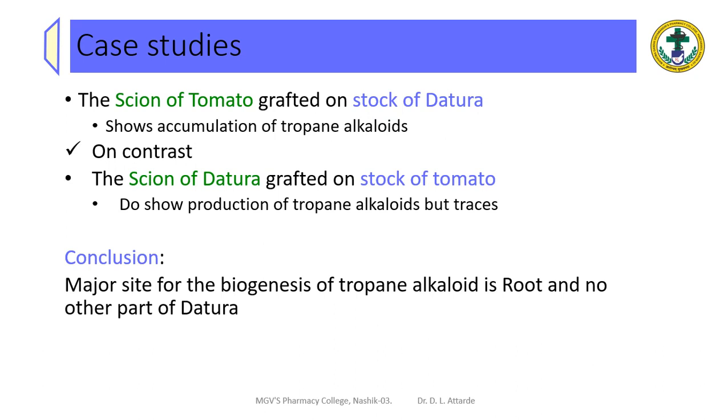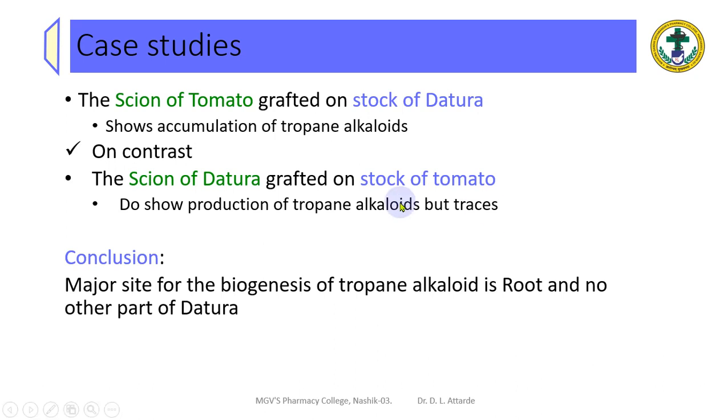So if Datura is intact, its roots are there, and only a tomato scion is grafted, it shows the accumulation of tropane alkaloid. In contrast, when a scion of Datura is grafted on the stalk of tomato, it does not show production of tropane alkaloid. Or if it shows traces, that is again from the scion, whatever it is, that only is there.